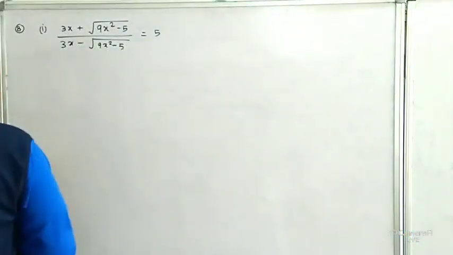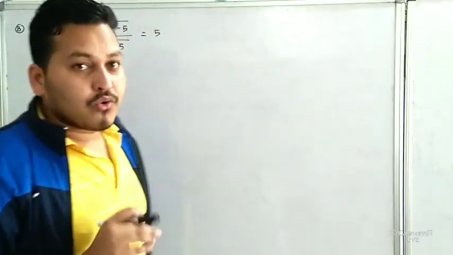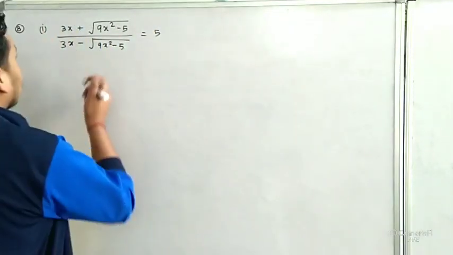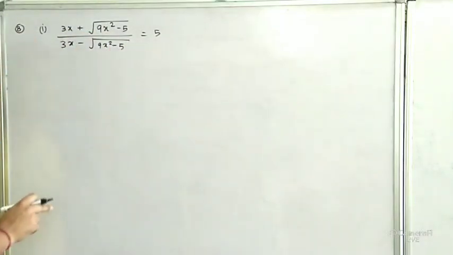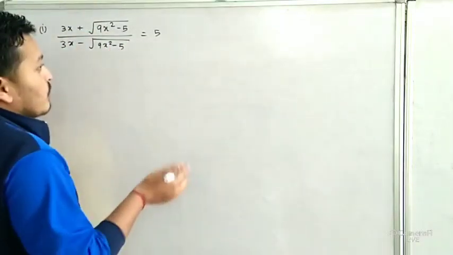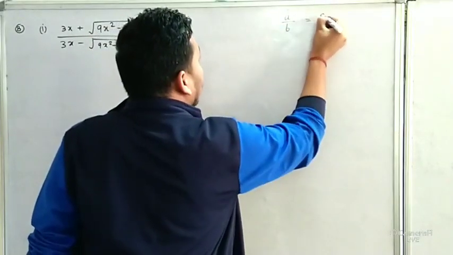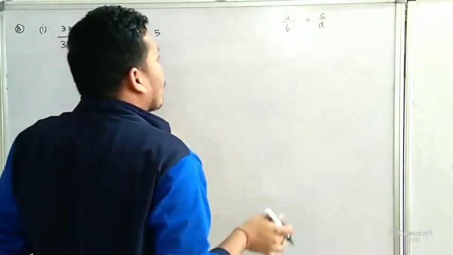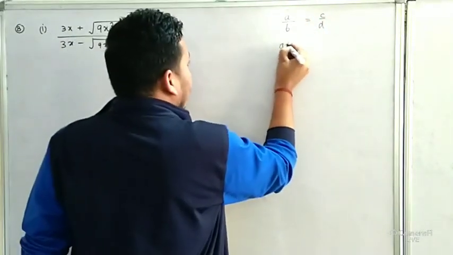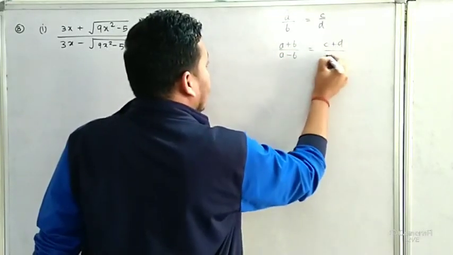Sometimes we need one more property, alternando, where matching of the same term is needed. So we need the value of x, and using the property of componendo and dividendo, do you know that we can apply componendo and dividendo when a upon b is equal to c upon d, that is, when this form is given. The formula is a plus b upon a minus b is equal to c plus d upon c minus d.